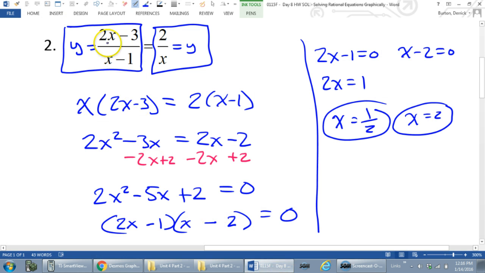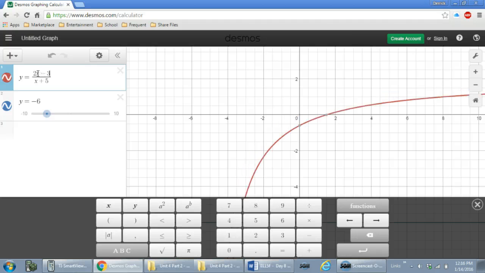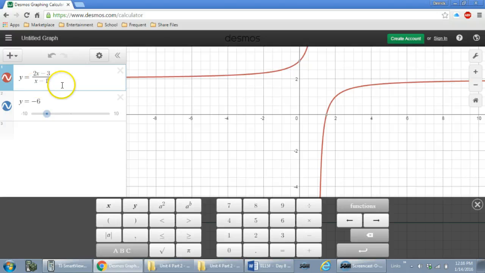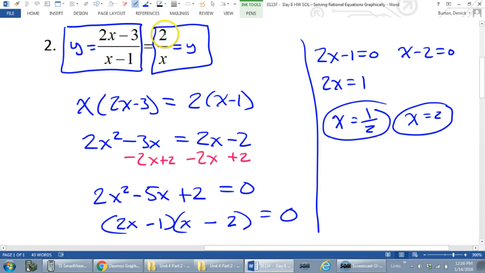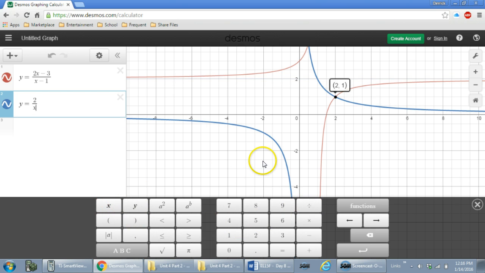So I need 2x minus 3 over x minus 1. So that's the first equation. The second equation, I need 2 over x. So I'm doing 2 divided by x.